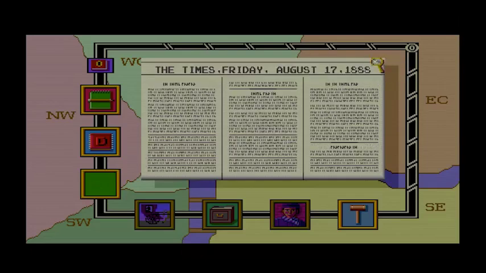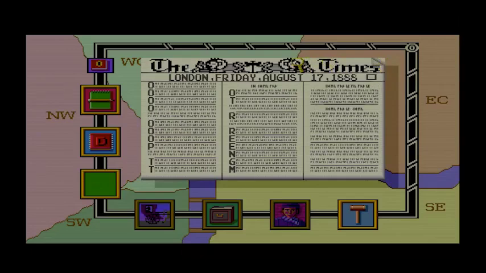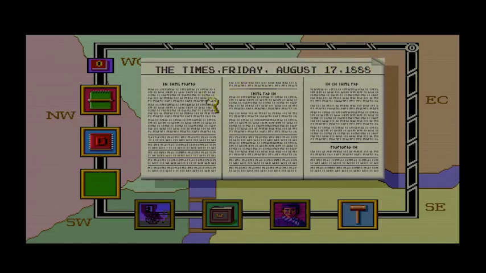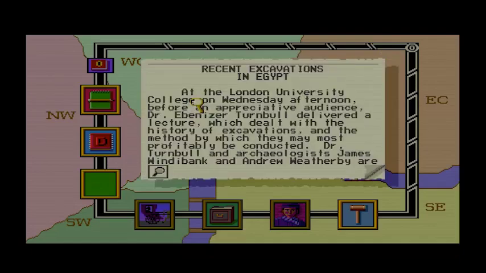Thought that was like an X thing where you could cancel out of it. Births, marriages, in memoriam. Recent excavations in Egypt. Okay. There we are.